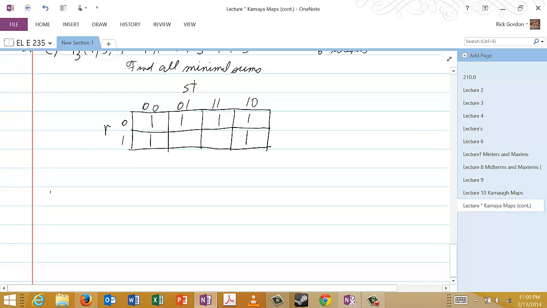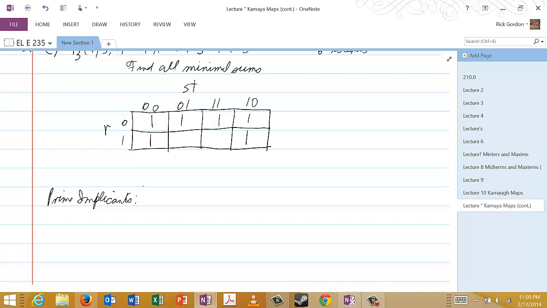So, as usual, the first step is to find the prime implicants. We have a problem with 8 cells, so we first ask, are there any rectangular groupings of 8 one cells? And the answer is certainly no, because we only have 6 one cells present.